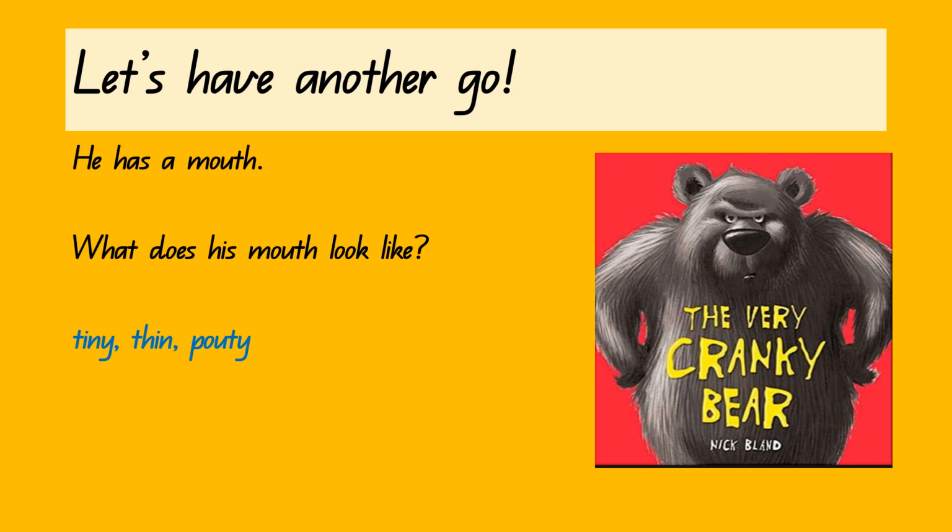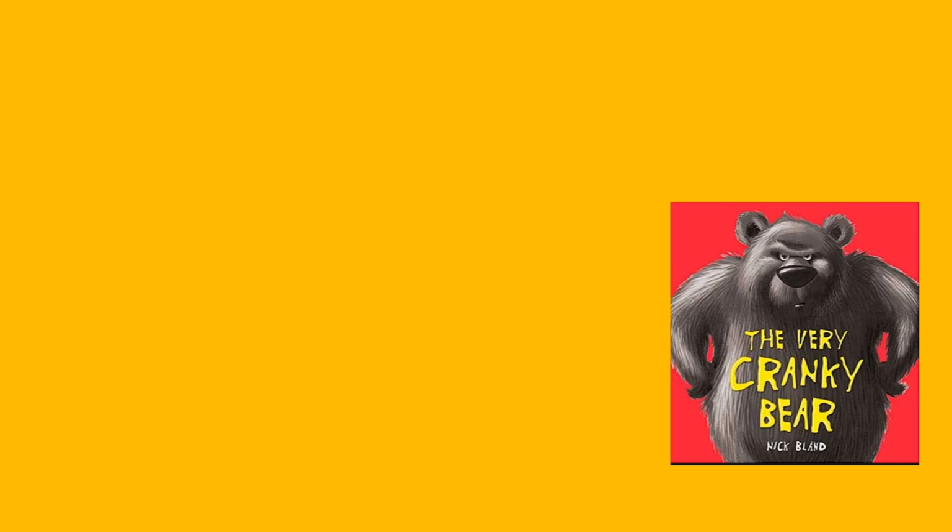So I will say that his mouth is pouty. Now, if I add those adjectives to my sentence, then my new sentence says, he has a tiny, thin, pouty mouth. Now I have a better picture in my mind of what his mouth looks like.